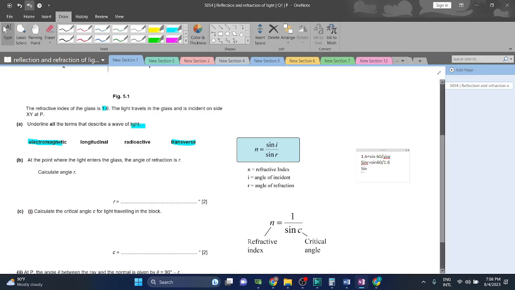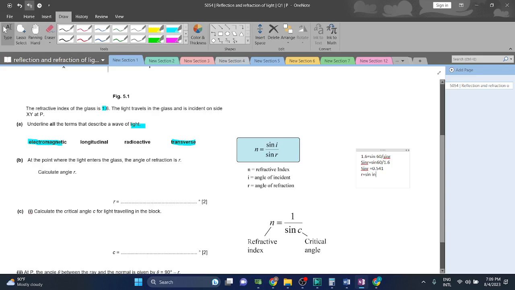Sine R will be equal to 0.541. But this is not the complete answer. Sine is on this side with R, but on the other side it will become inverse, right?